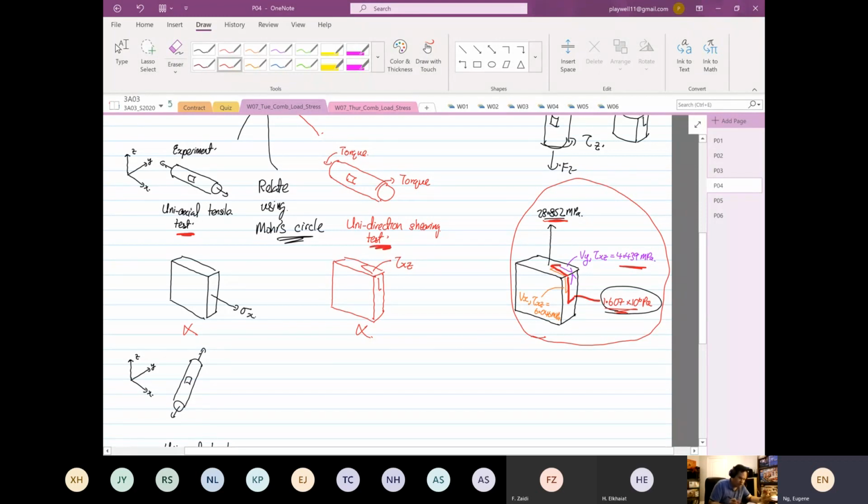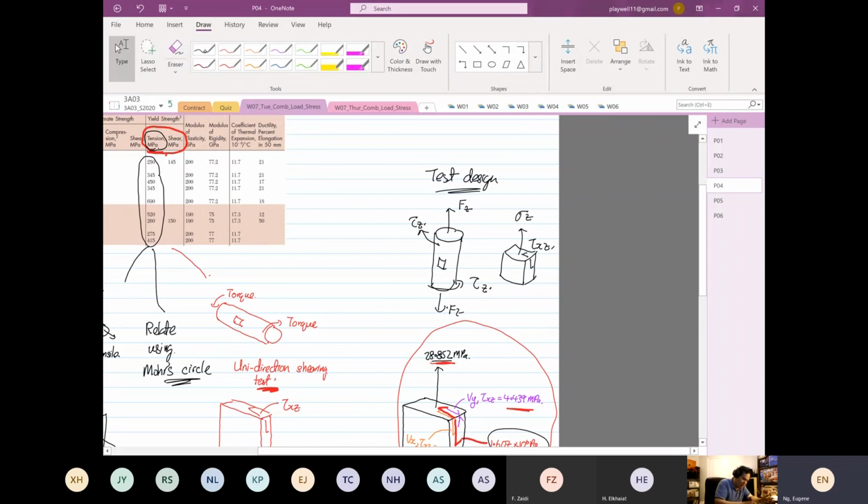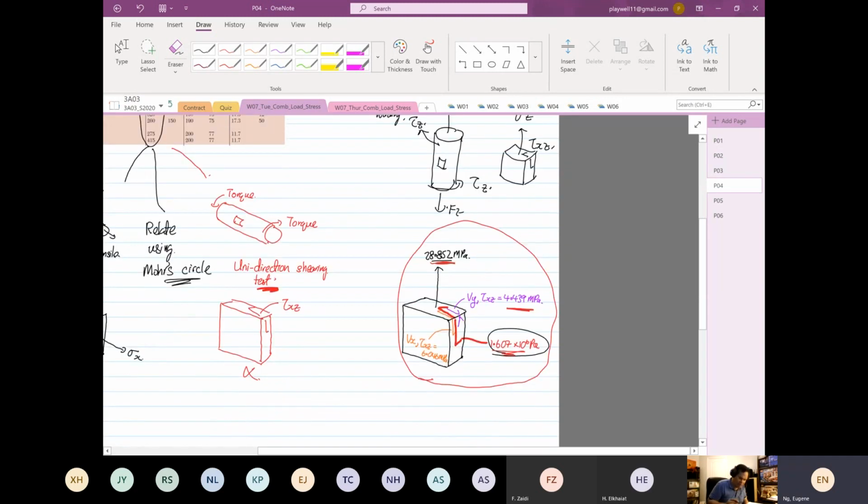To do a test that is combined loading, like what you see here, is very expensive and not practical. Under combined loading we have exactly the same state as our element, which has a tensile load and a torsion.